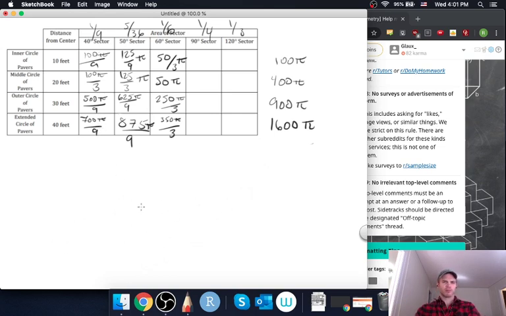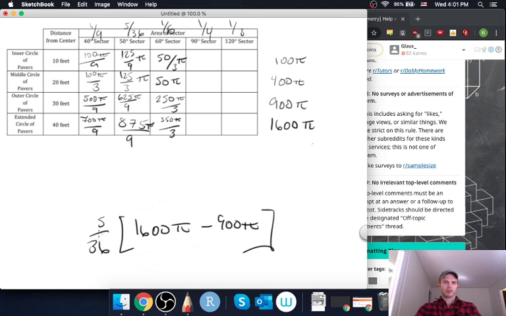So let's see if I calculated this one correctly. I might have made a mistake here. This one we got from 5 over 36 times 1600 pi minus 900 pi, which would be 5 over 36 times 700 pi. And this one is 49.